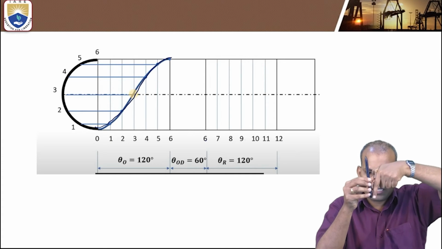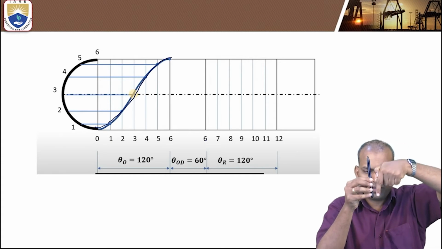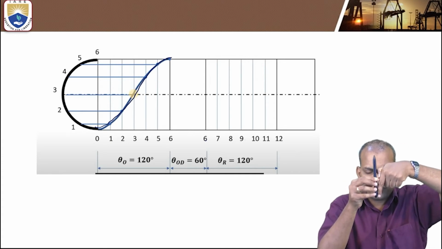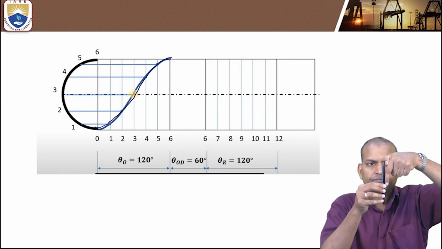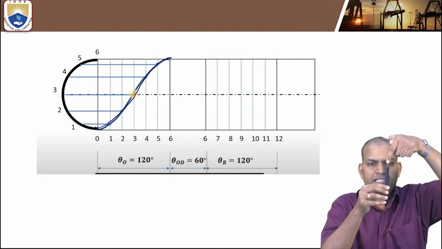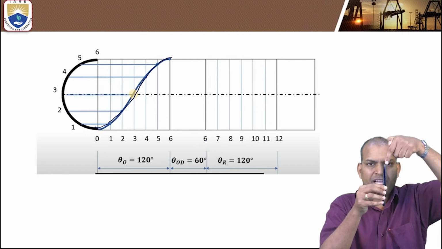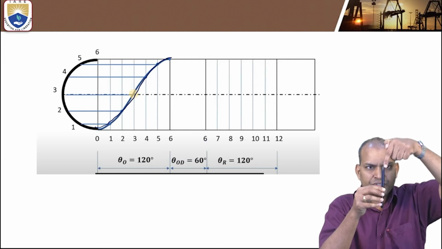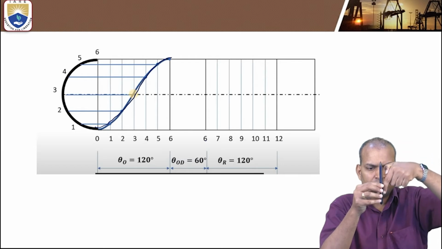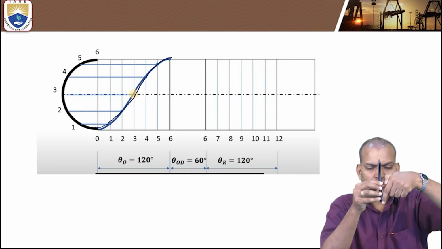My finger is representing the motion of the knife edge follower. During the outward stroke of 120 degrees, it is rising like this. This is point 6. And descending takes place from which point? From the 6th point. Descending, the return stroke takes place 6, 5, 4, 3, 2, 1, 0.